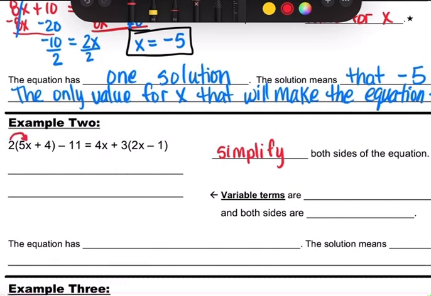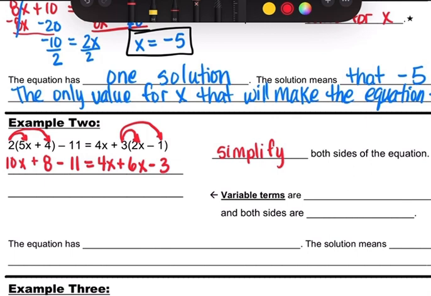So we have 2 times 5x, which gives me 10x, plus 2 times 4, which is 8. Bring down your minus 11, equals 4x plus, and you're going to distribute that 3. 3 times 2x is 6x, minus 3 times 1 is 3.